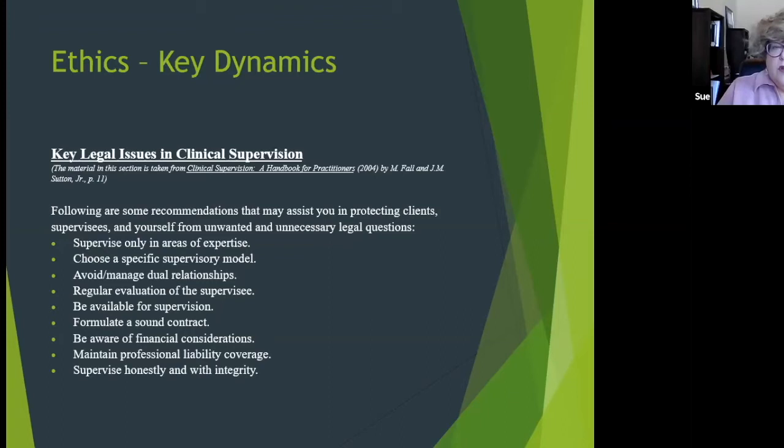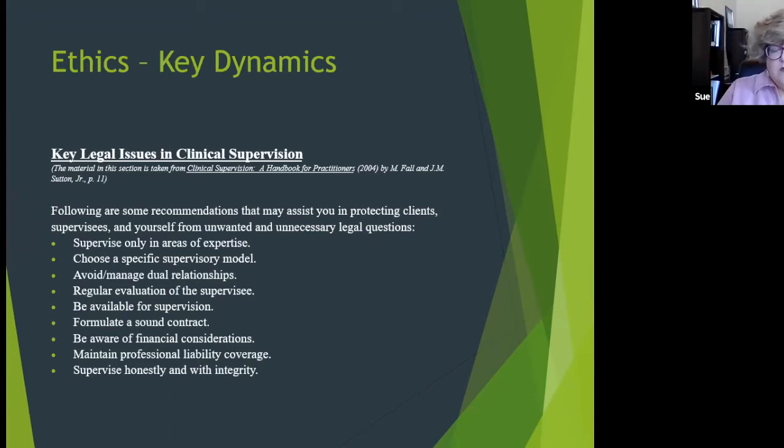They co-authored a workbook for clinical supervision, and I think they did a wonderful job encapsulating a lot of the practical aspects of clinical supervision. So some of this information is from the workbook they created. Some of the considerations to keep in mind when you're supervising, they came up with a great list.